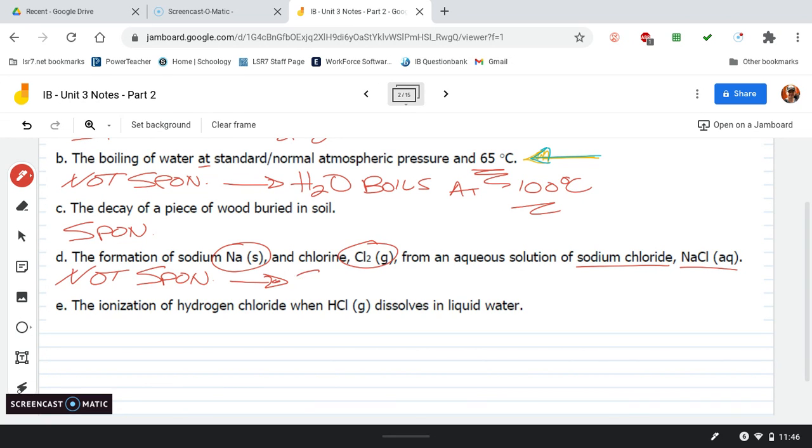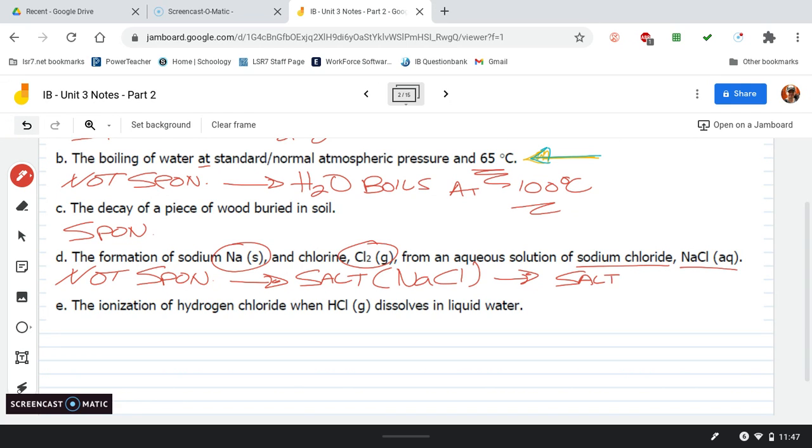Salt is going to turn into salt water, but that salt water is not poisonous gas and highly reactive metal.